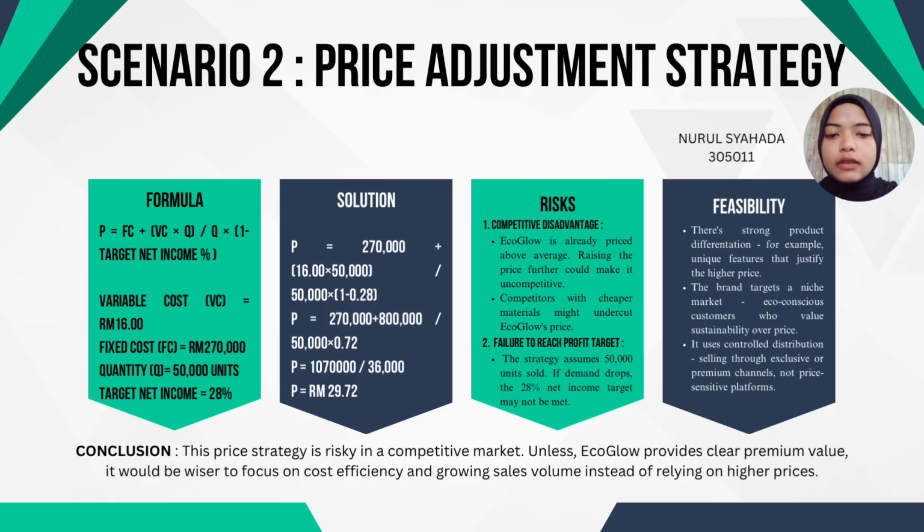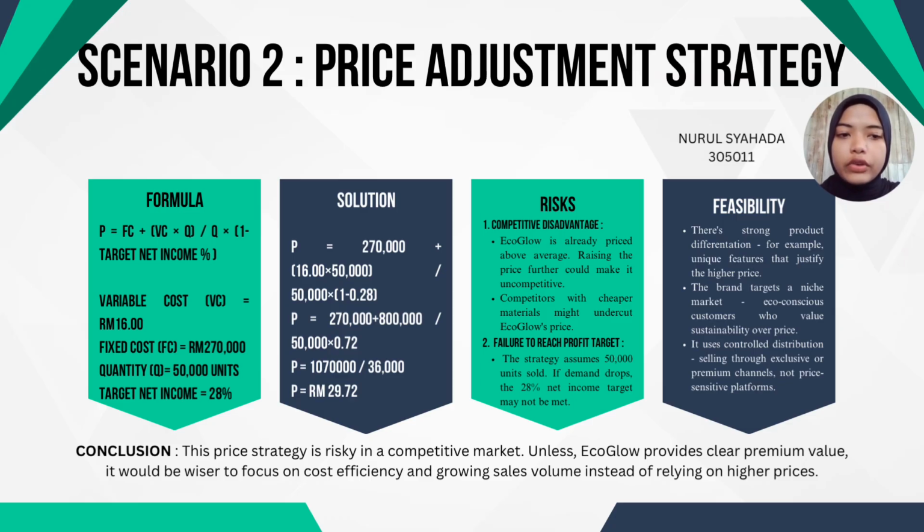After inserting the values, we calculate the price as P equals (270,000 ringgit plus 60 ringgit times 50,000 units) divided by (50,000 units times (1 minus 0.28)) equals RM29.72 ringgit. So the recommended selling price is RM29.72 per unit.